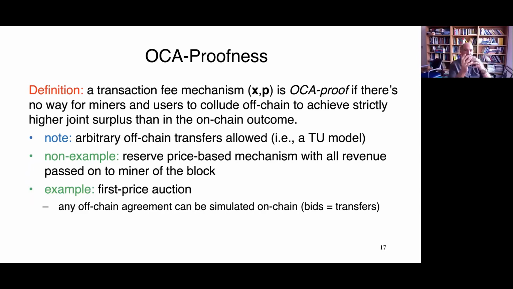So if you bid to me 7 off-chain, bid 10 on-chain, I'll include you and then refund you the remaining 3. So you can really just re-implement a pay-as-bid auction with 0 reserve by completely circumventing the reserve price. So that's an example of a mechanism which is unsuitable for this environment exactly because of these off-chain agreements.